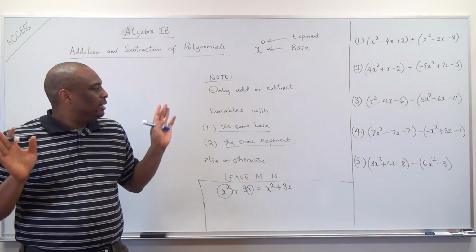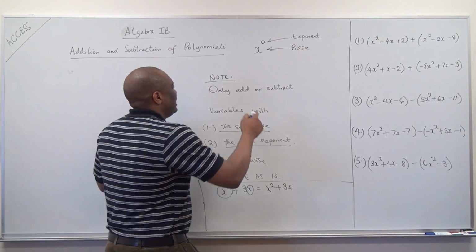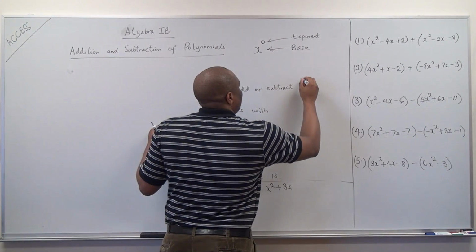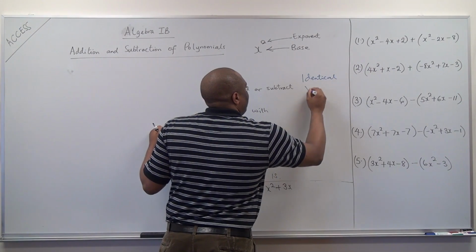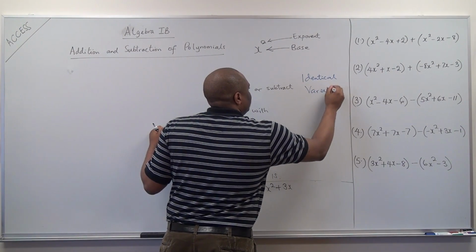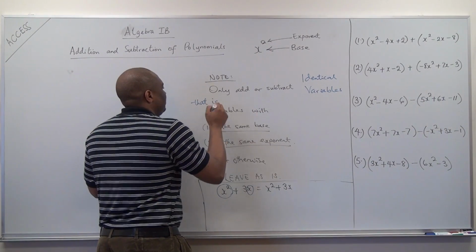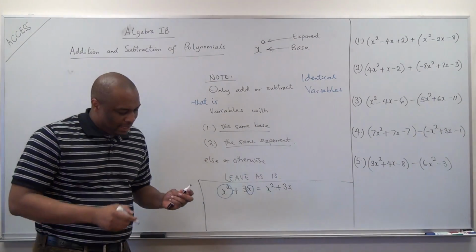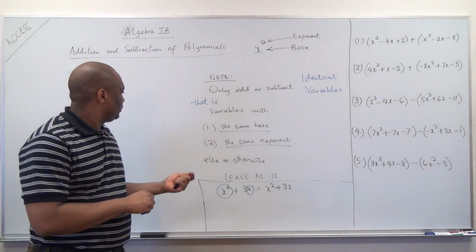Let me now write this. Only add or subtract identical variables, that is, variables with the same base and the same exponent. That is what we are concerned about now.